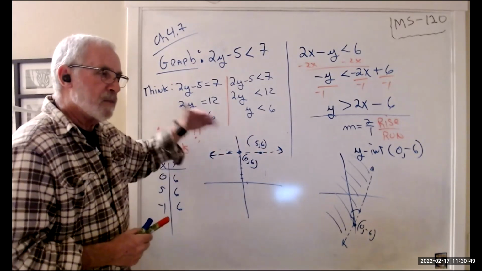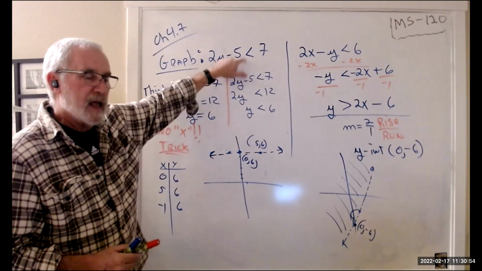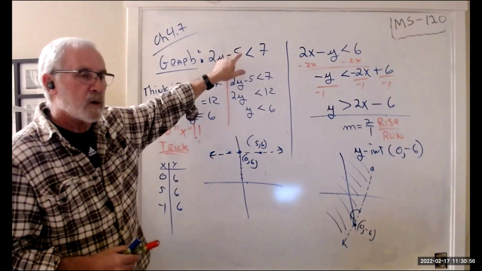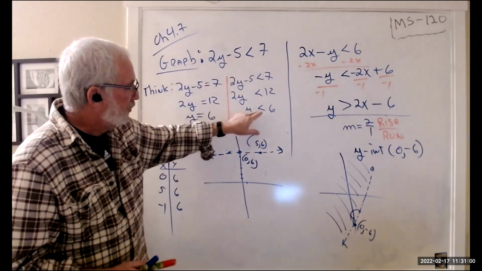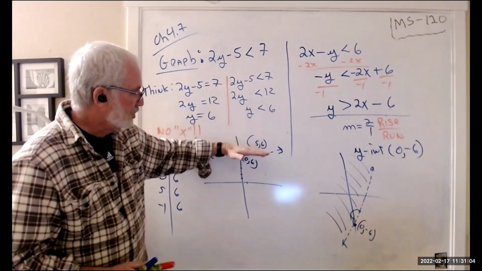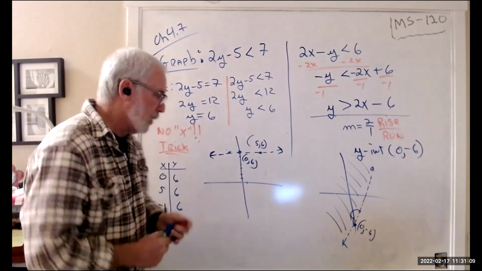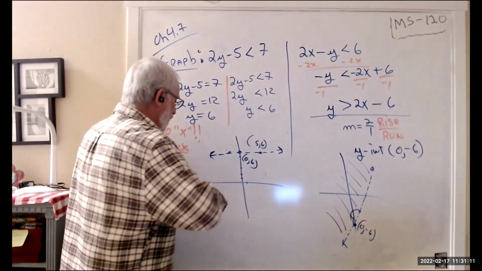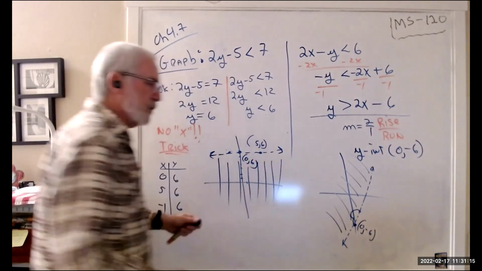But we've got to go back and go, oh, but it was an inequality. It was a dotted line. And it was an inequality that required shading. So I have to shade. Y is less than 6. If this is equal to 6, less than would be below it. So I would shade underneath and I'm done.